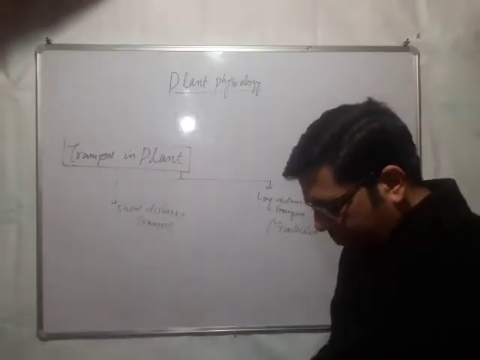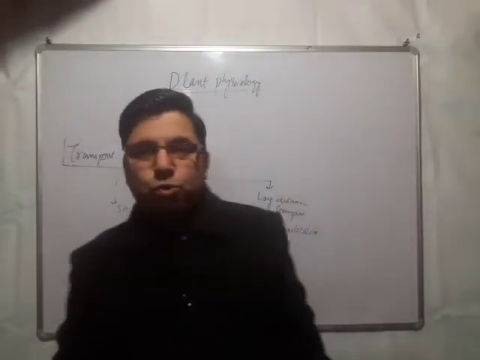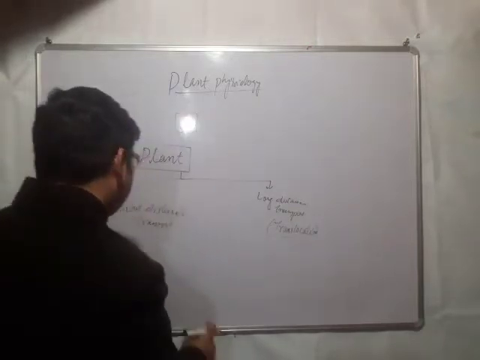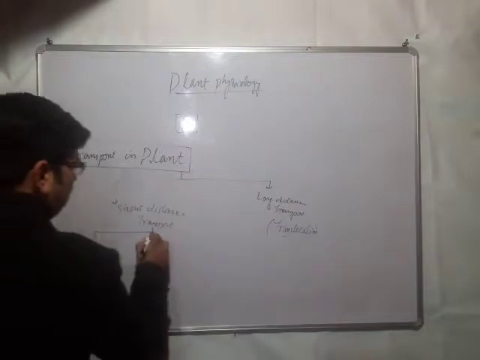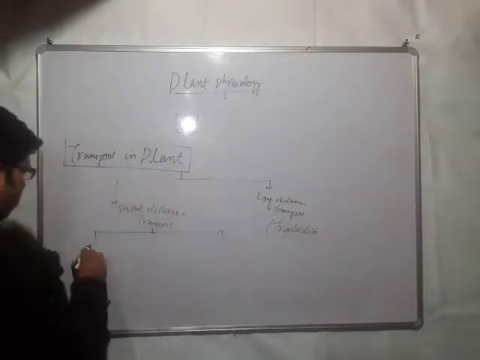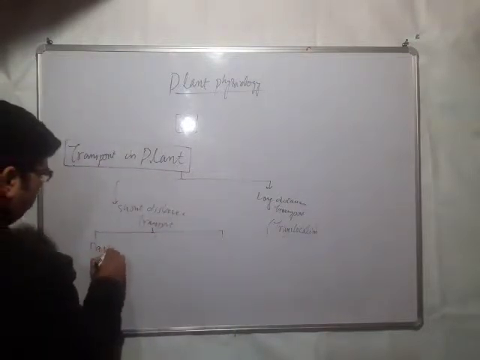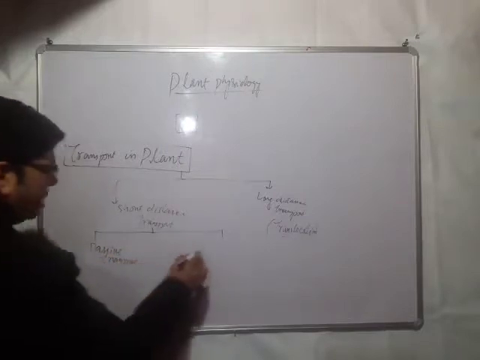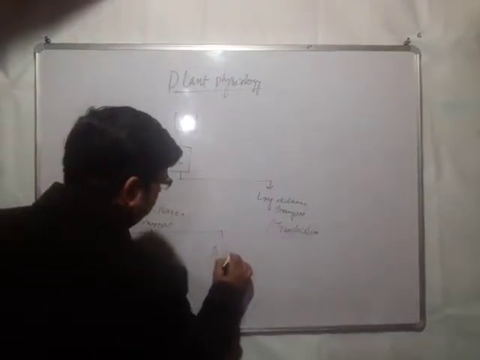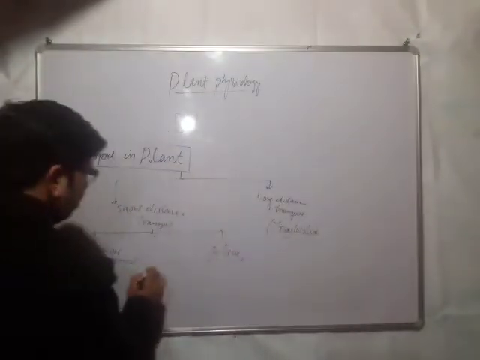The short distance transport basically is of two types. We have passive transport and active transport.